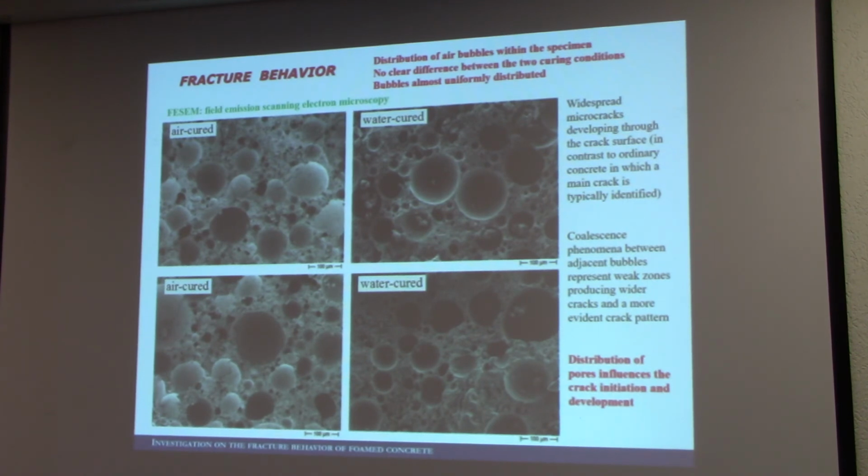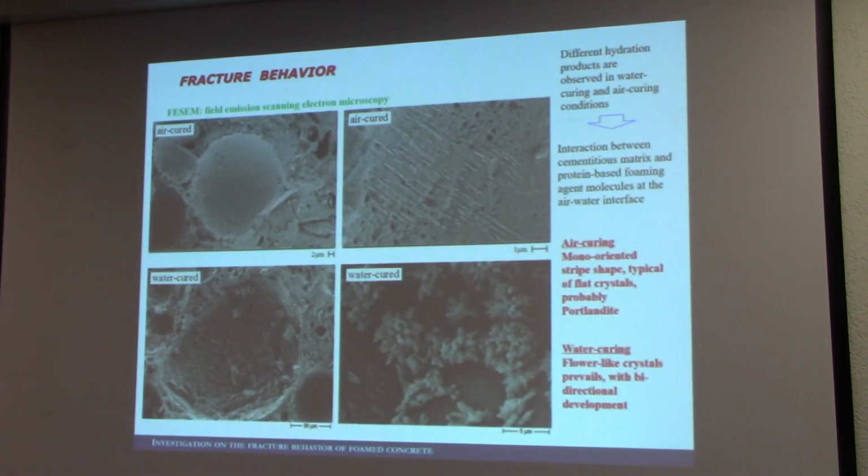And the distribution of pores obviously influences the crack initiation and development. And in fact, we also notice across the surface, from a macroscopic point of view, that the roughness of the surface was more evident in the air curing condition in comparison to the water curing condition, which seems to justify that the crack follows a more intricate path and the fracture energy increases accordingly.